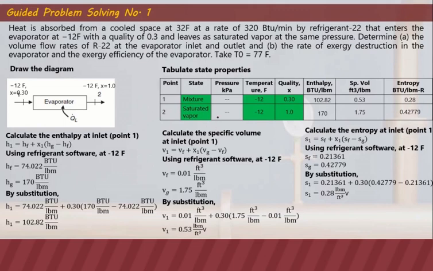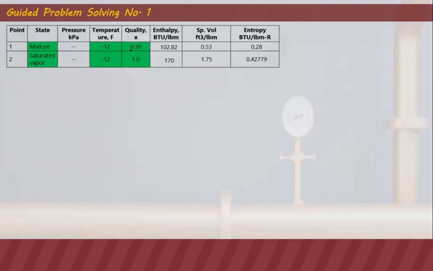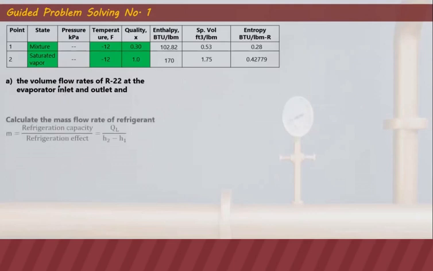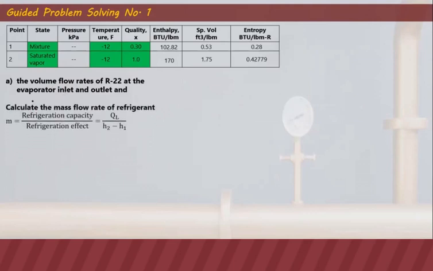Now we already have the quantities that we will need to calculate the unknowns. For the first unknown, the volume flow rate at the evaporator inlet and outlet, the volume flow rate is related to the mass flow rate. So we need to get first the mass flow rate of the refrigerant. Using the formula, refrigeration capacity over refrigeration effect, which is QL over (h2 minus h1).